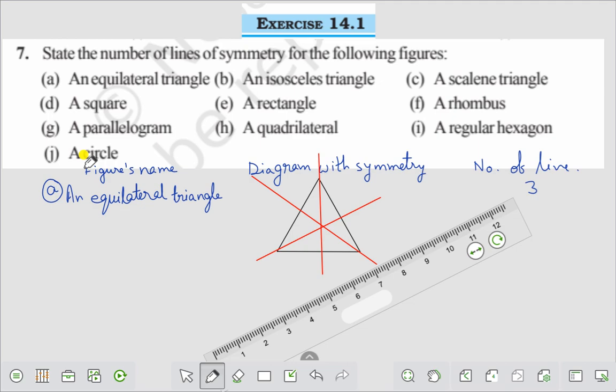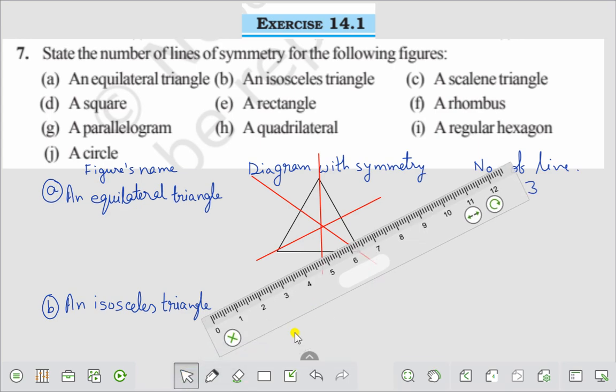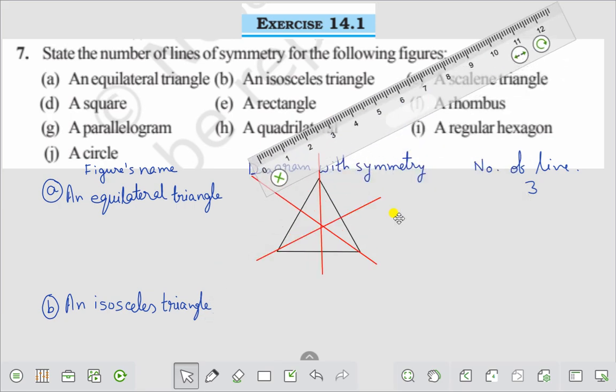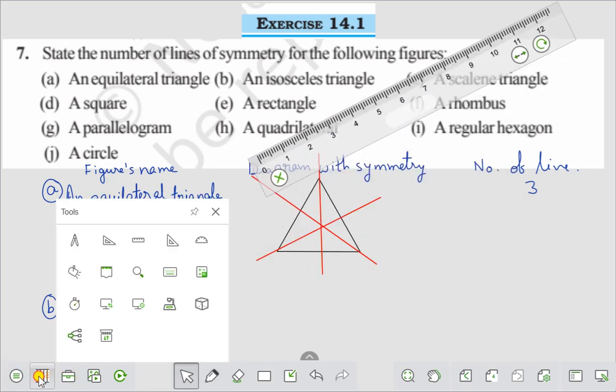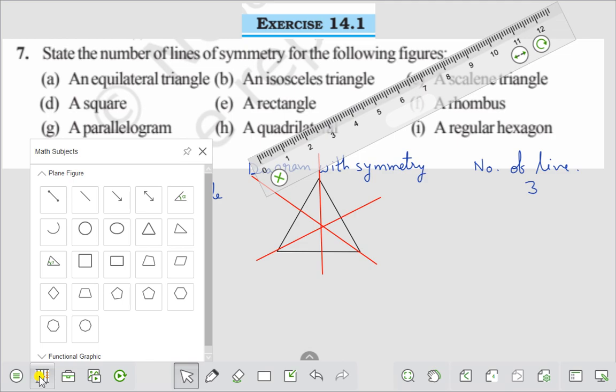Now an isosceles triangle. Let us draw an isosceles triangle. Number B is an isosceles triangle. If we draw an isosceles triangle, that means two sides are the same.